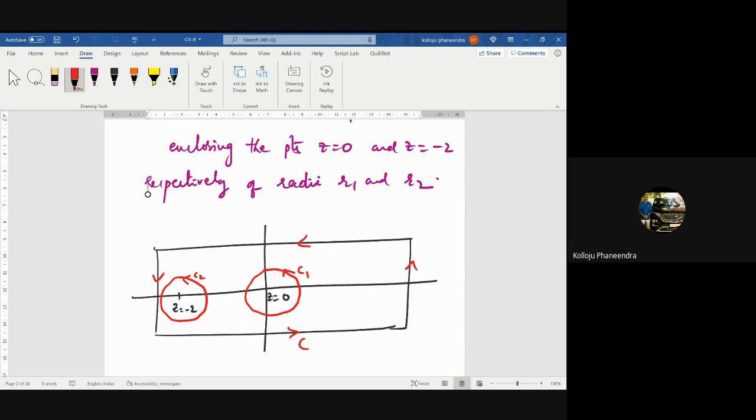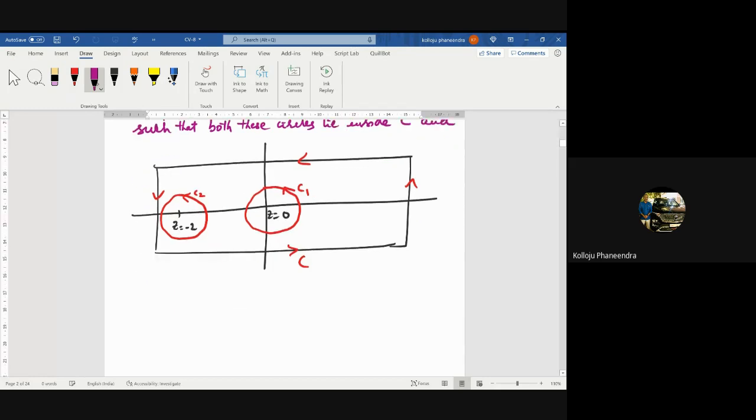These two circles cannot intersect each other, such that both these circles lie inside the curve C and do not intersect each other.